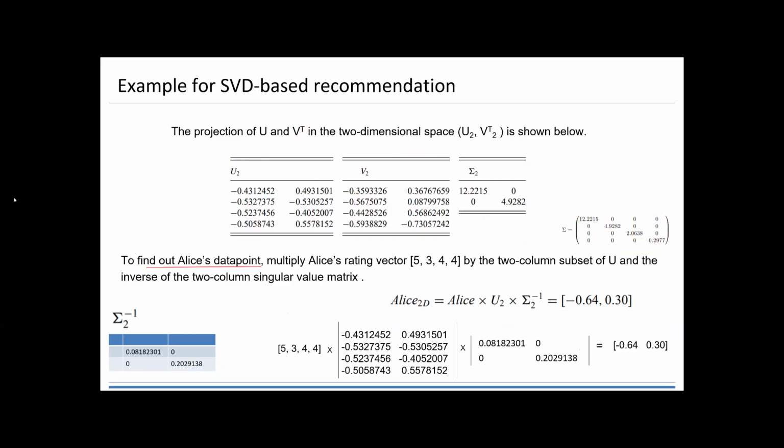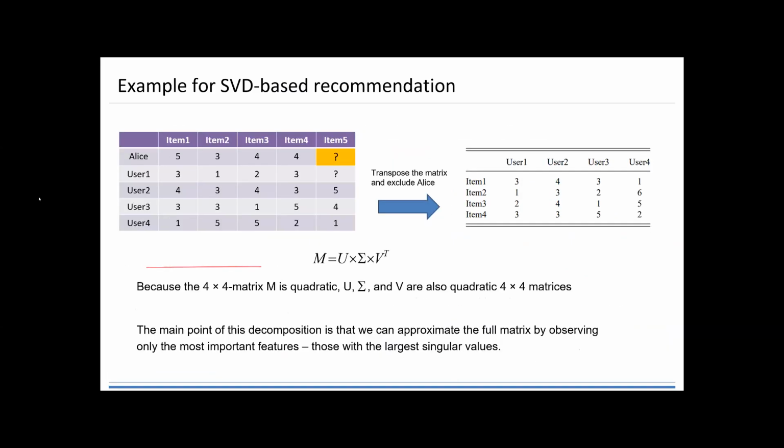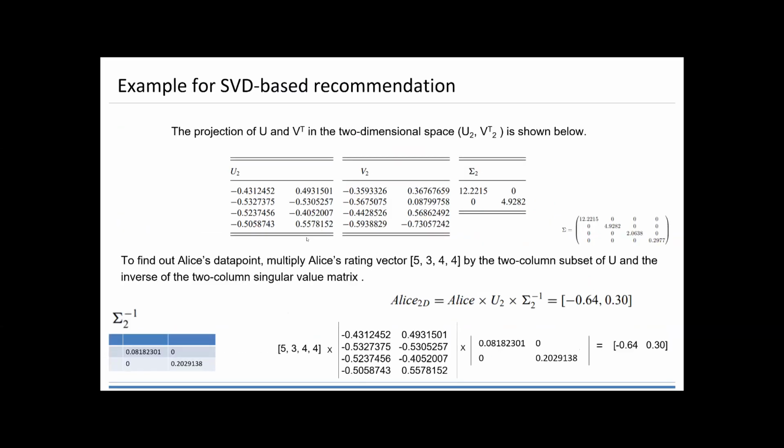The Alice data point means we know that the Alice rating is 5, 3, 4, and 4. It is for item 1, item 2, item 3, and item 4. So we can just do this with the matrix. We know that when we have the matrix, it is the U and the sigma and the V transpose.